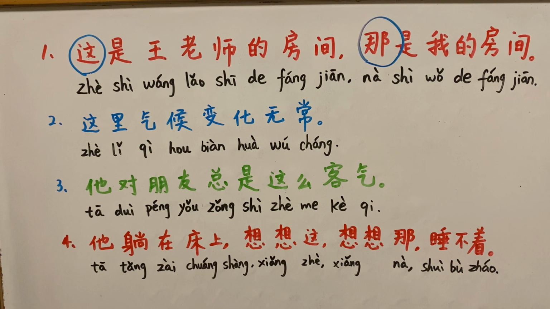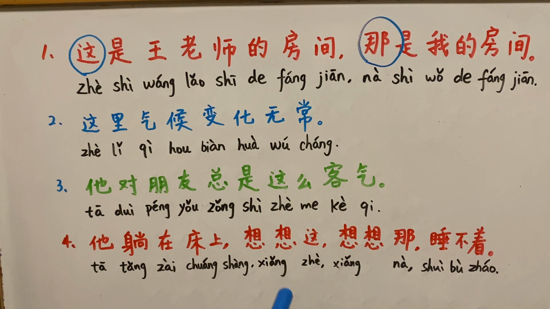Or why are you rolling on the bed? You can reply with 我睡不着。I cannot fall asleep. 我睡不着, or just 睡不着. So this sentence is basically two sentences when you translate it into English.